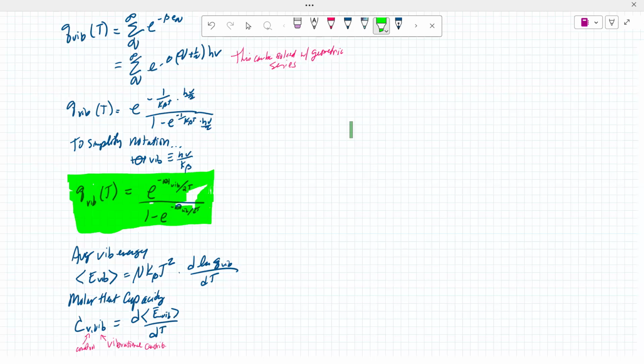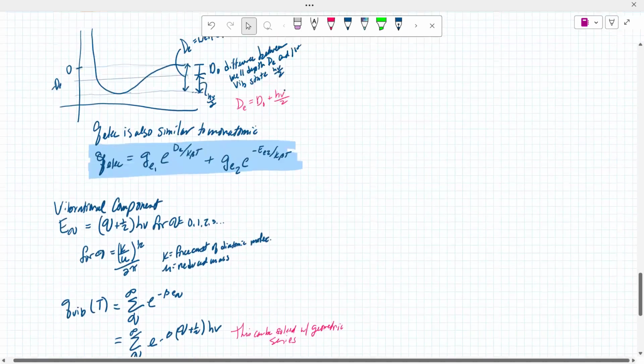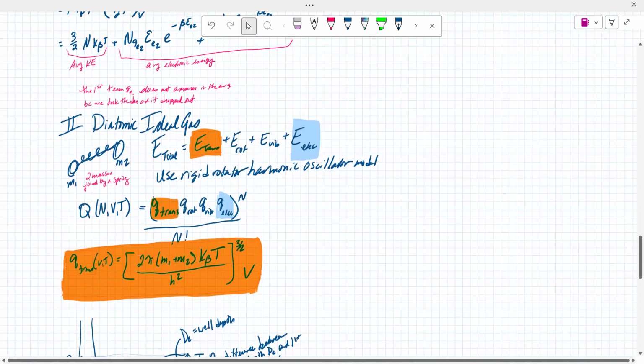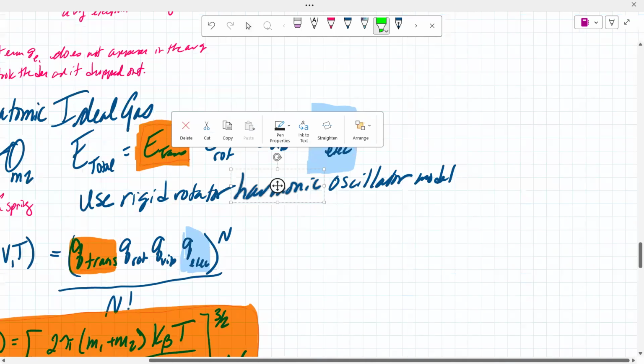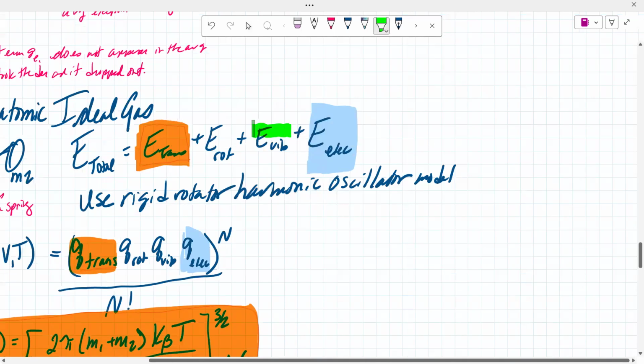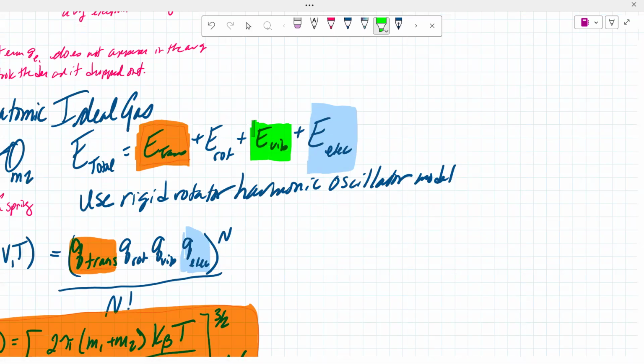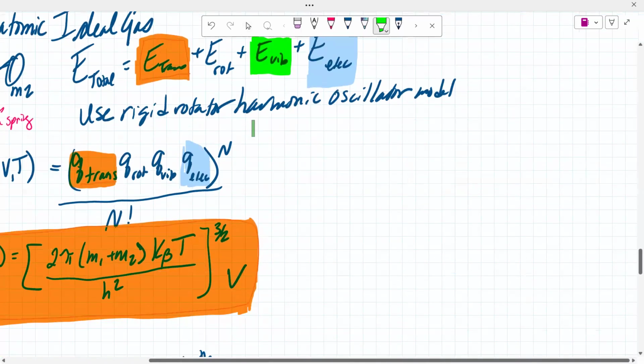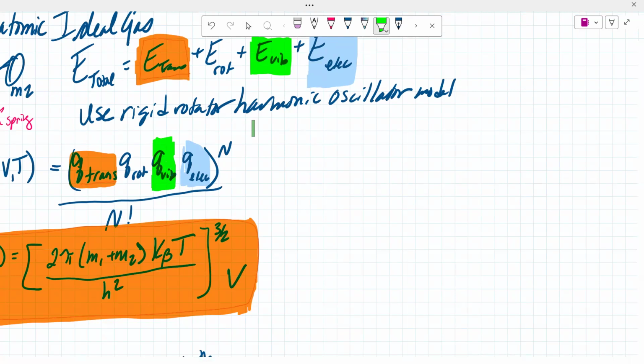And then we can also go up and find our vibrational term up above, this vibrational term right here, and here's the vibrational term here. Okay, so there we have it.